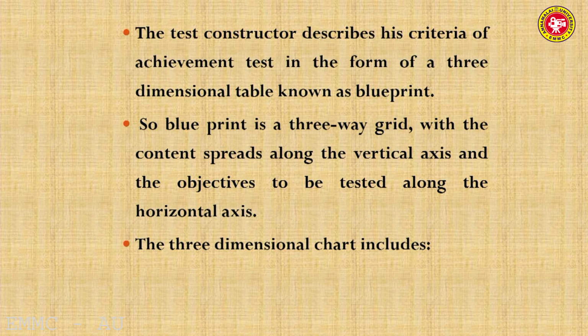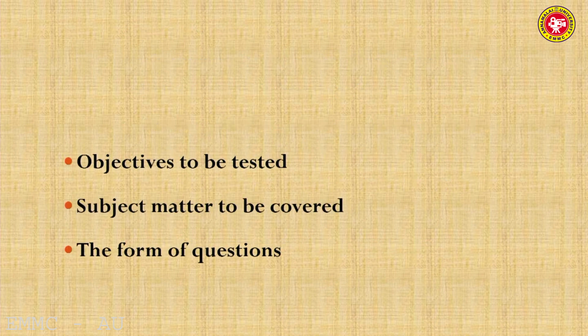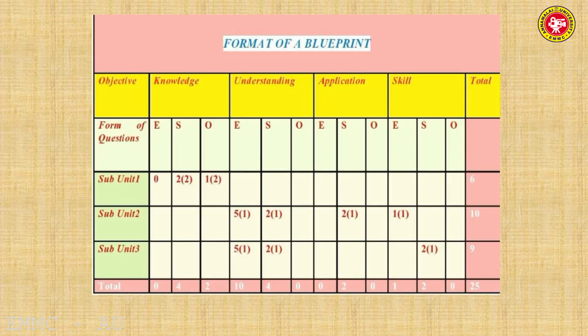Next, the test constructor describes his criteria for the achievement test in the form of a 3-dimensional table known as blueprint. See here, you have to follow the objective to be tested, subject matter to be covered, the form of the questions. This is the format of a blueprint. In the horizontal axis we have to put objectives. In the vertical axis we have to put the content.